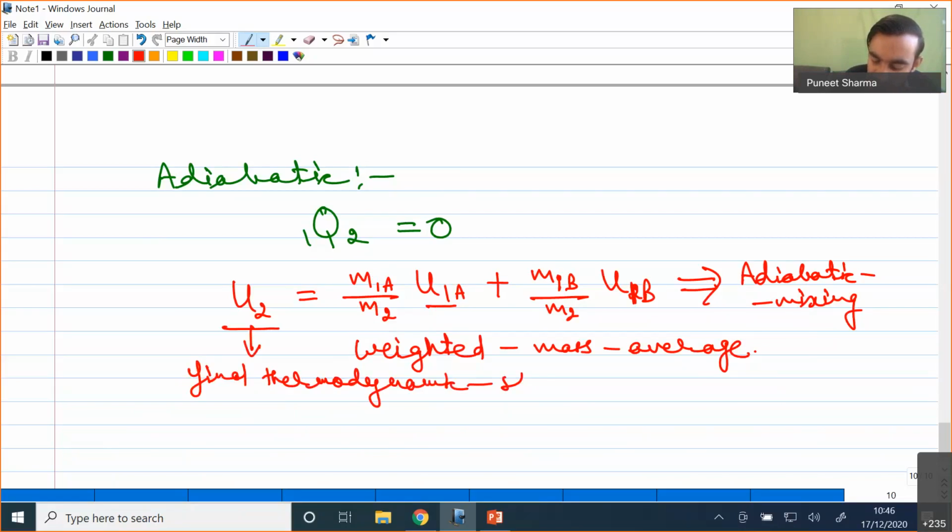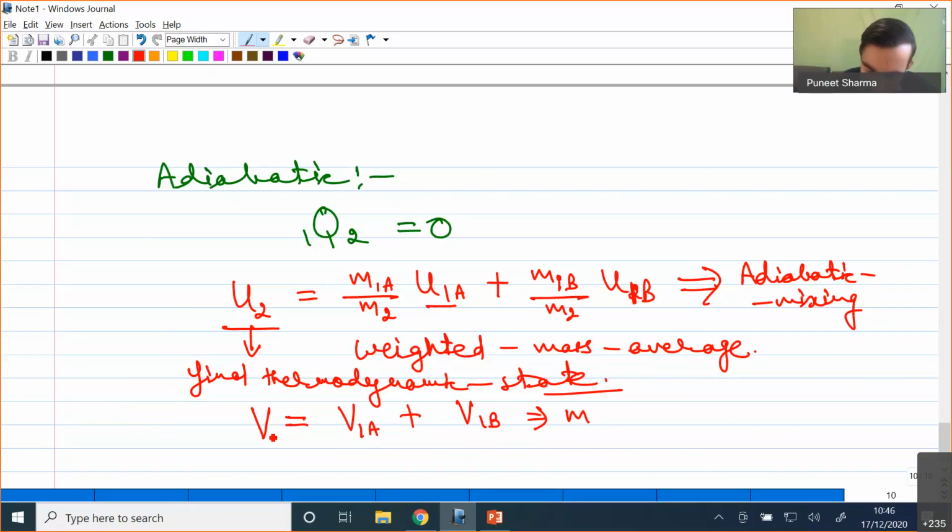Okay. So similarly, like I have done this for internal energy, we require one more parameter to specify the state. As per the state postulate, we require two thermodynamic parameters. So another thermodynamic parameter, I can take volume. If I write volume conservation, volume will be equal to the volume of the first container plus the volume of the second container. Now we know that volume is mass into specific volume.